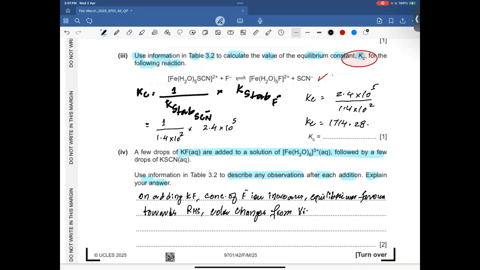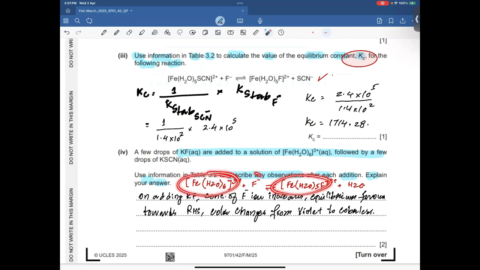Color changes from violet to colorless. I hope it makes sense to you. I'm talking about this equation. So when you add fluoridine, a ligand substitution reaction takes place. All right. So this color is violet. This color is colorless. When you add fluoridines, equilibrium favors the right hand side. This complex is formed. Obviously, it shows colorless.